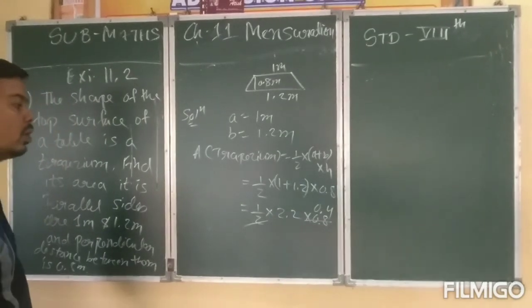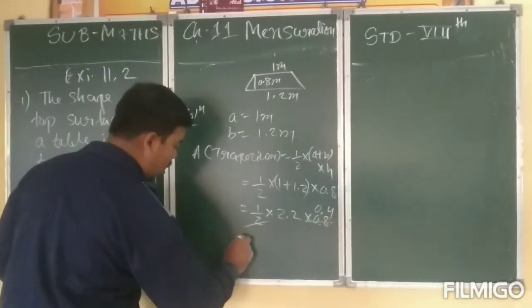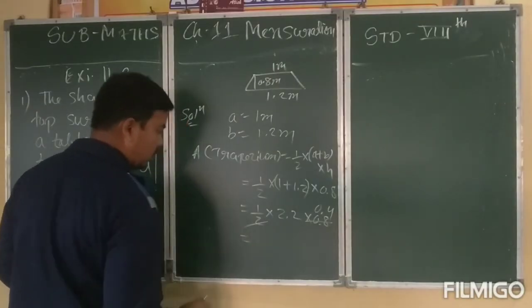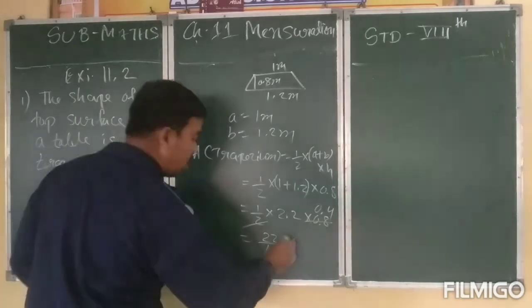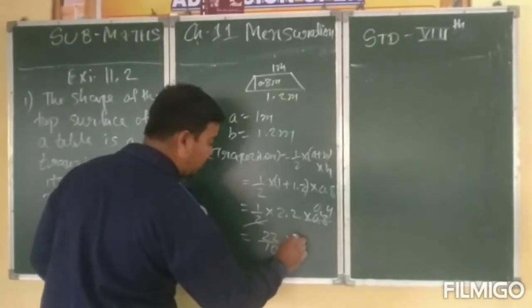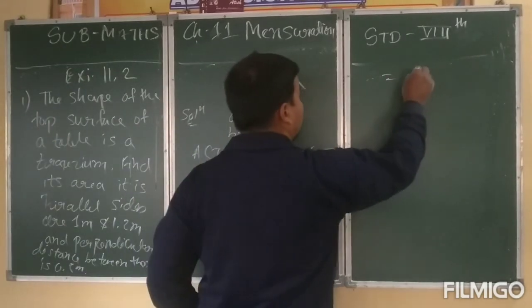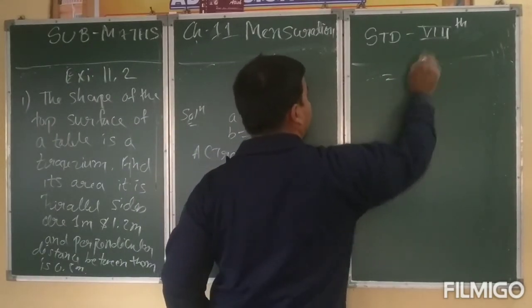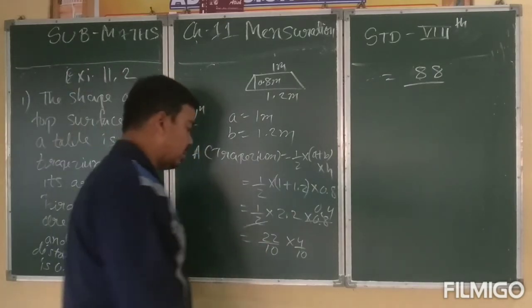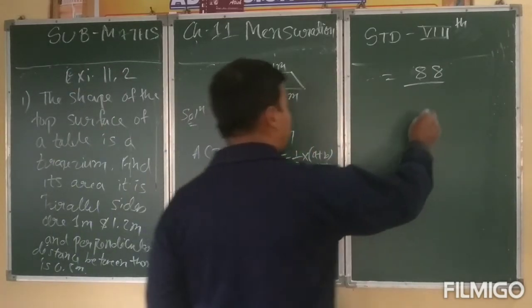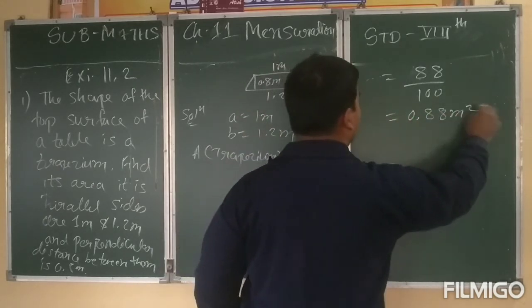Half of 2.2 is 1.1. 1.1 into 0.8: 11 into 8 is 88, and the decimal places give 100 in the denominator. So the answer is 0.88 meter square.